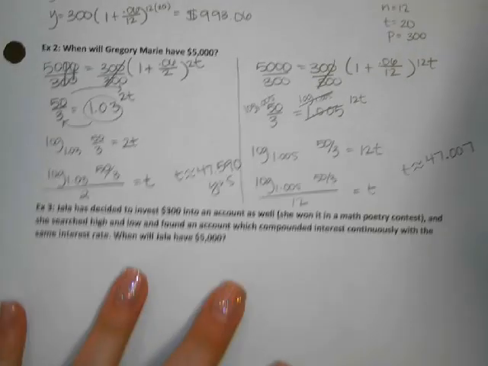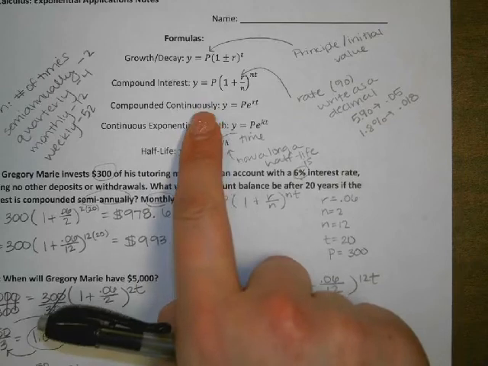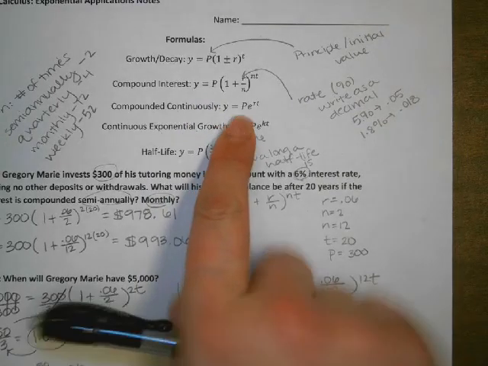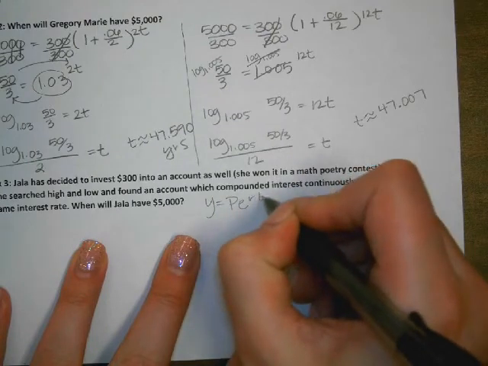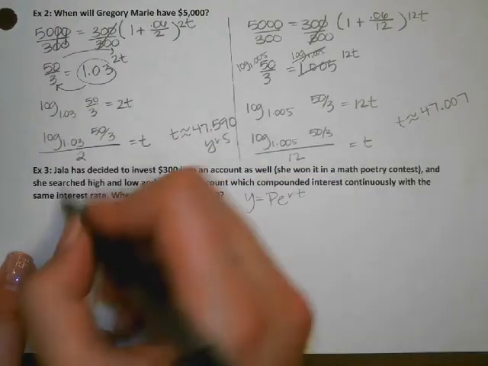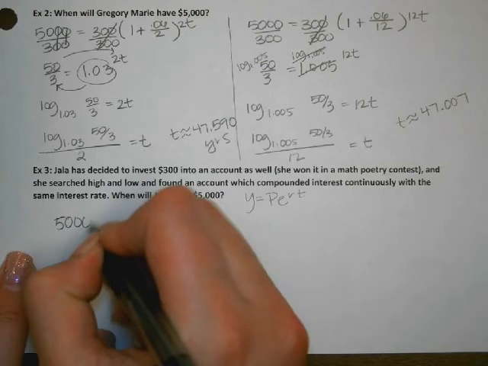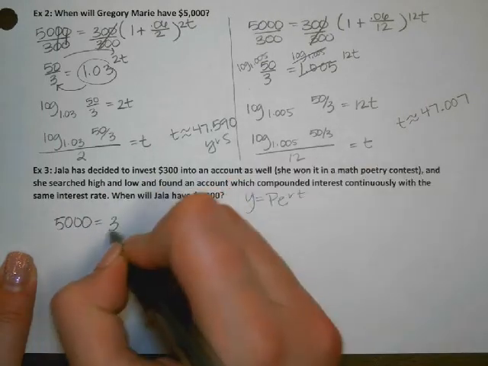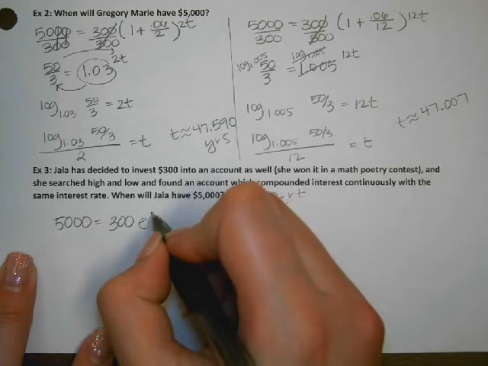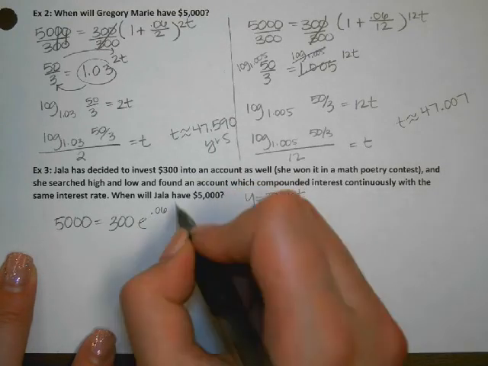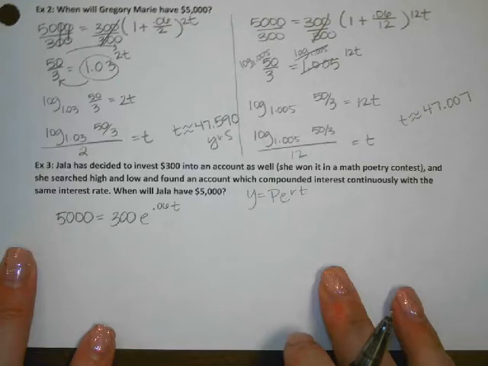So since she is compounding continuously, that means we're going to use this formula. So y equals Pe to the rt. So we said we're checking to see when she has $5,000. She starts off with the same amount. She had the same interest rate, so that's still 0.06, and the time period is what we're solving for.